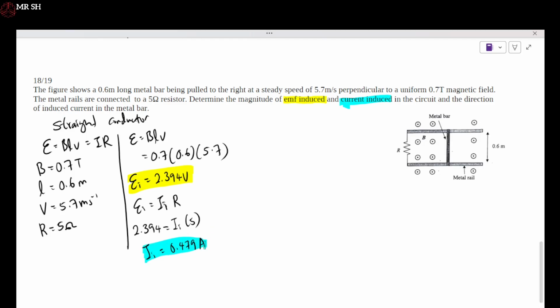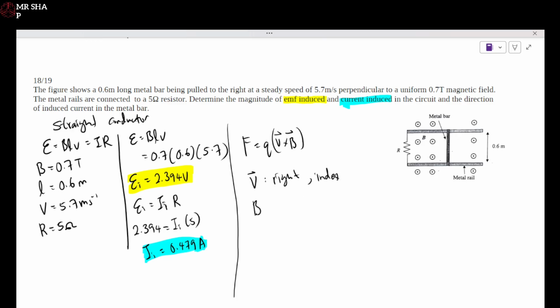If I were to determine the direction, I will have to look at F equals QVB. Okay, so my V will have the direction to the right, and I will indicate this using my index finger.